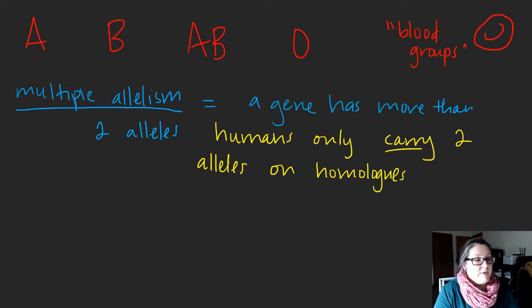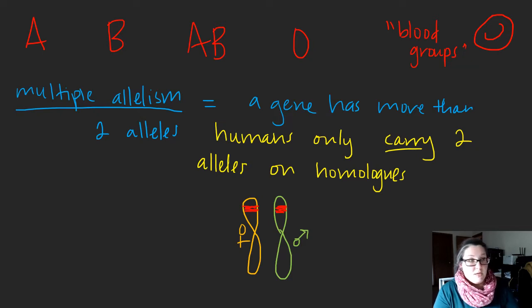Right? Because we have mom chromosome and dad chromosome, and we have one here and one here, but in a population we will see more than just 2.